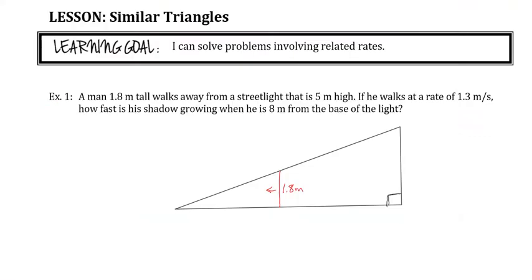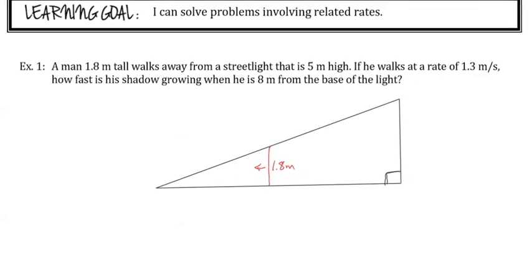Okay, let's start labeling some stuff here. Anything that's changing needs a variable. The shadow is changing, so I'm going to call that y. We don't yet know what that is.